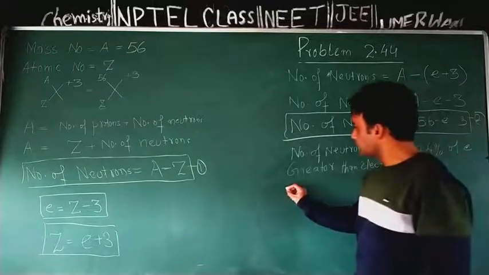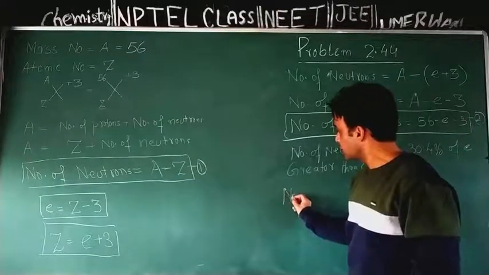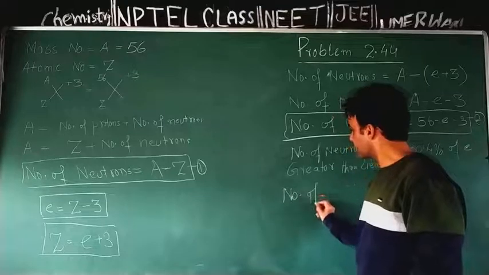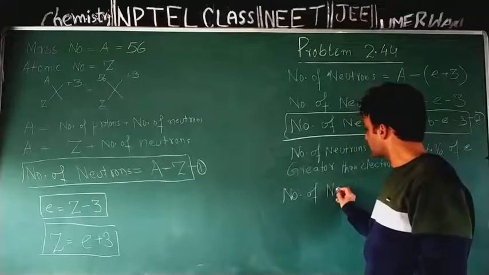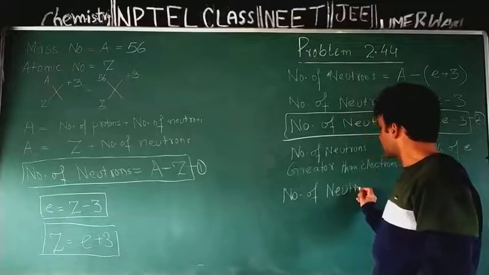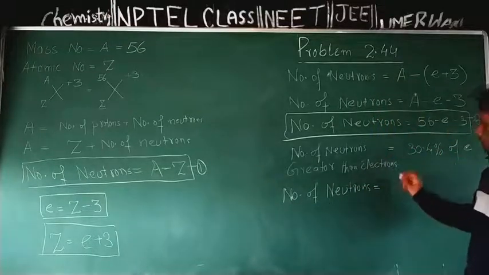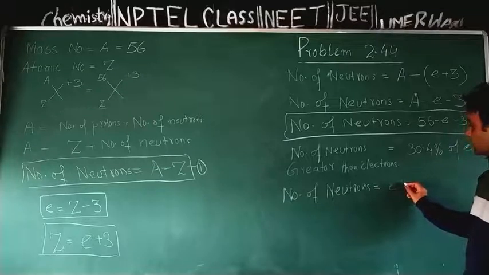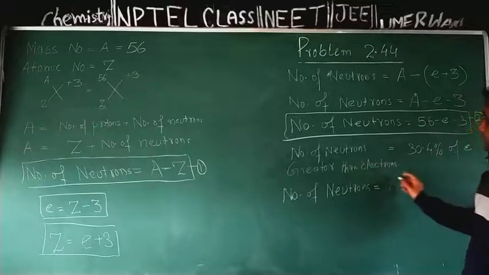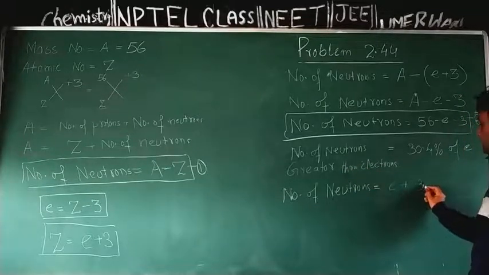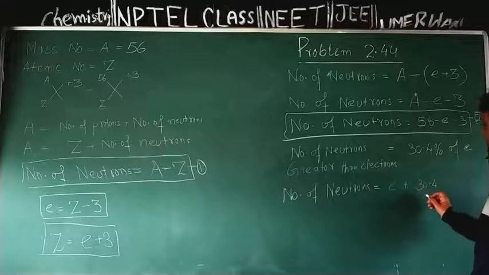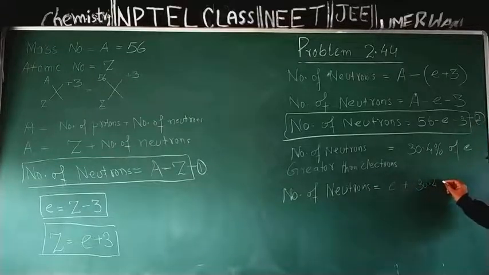So total number of neutrons will be equal to number of electrons E plus number of neutrons greater than electrons, that is 30.4% of electrons.